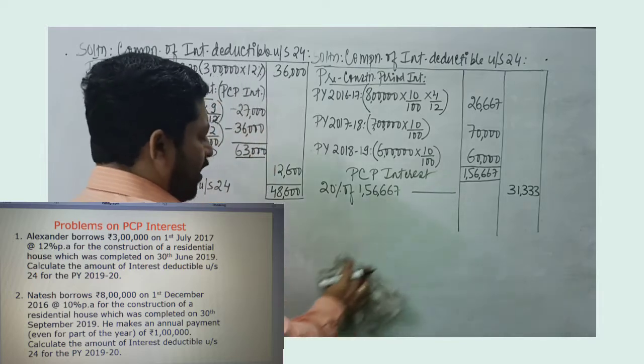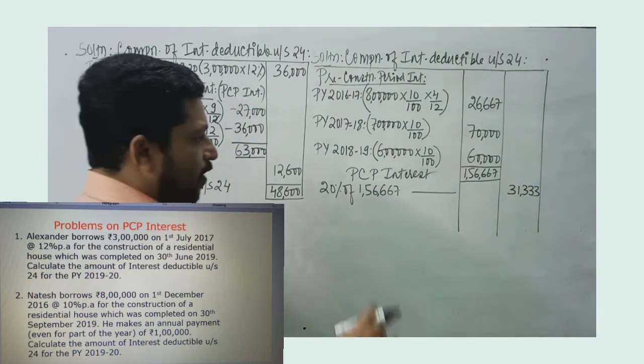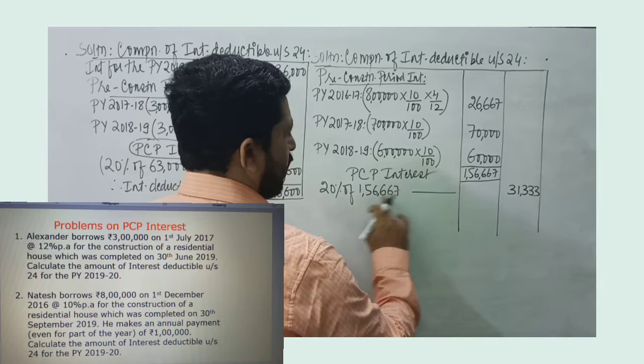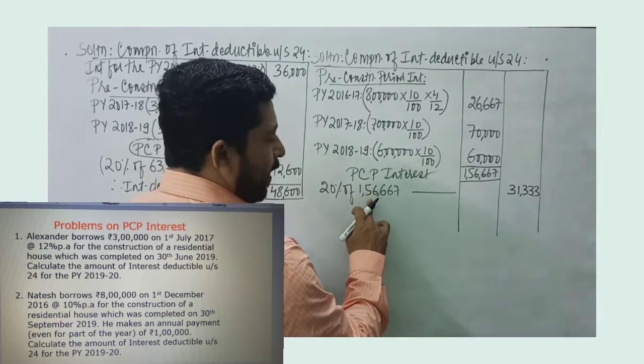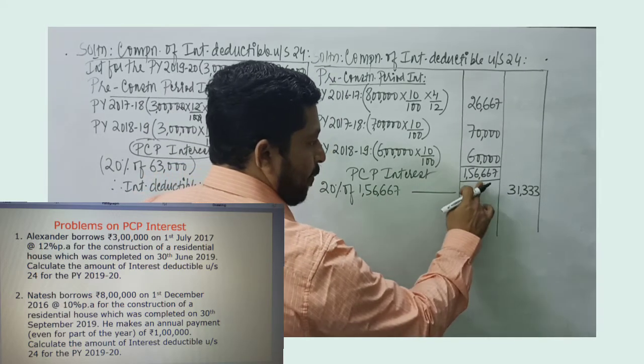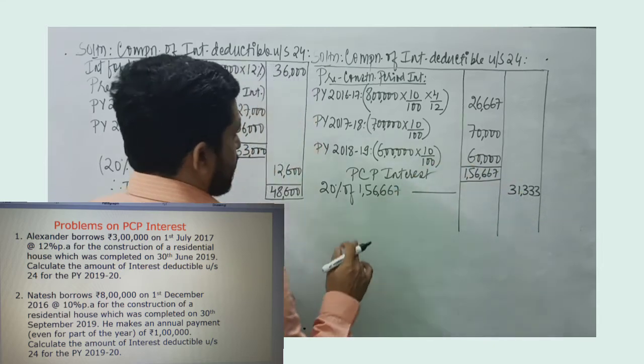So there will be a marginal difference that we will have. 31,333 will be 20%. So of the PCP interest, only 1/5 or 20% of this value will be considered.